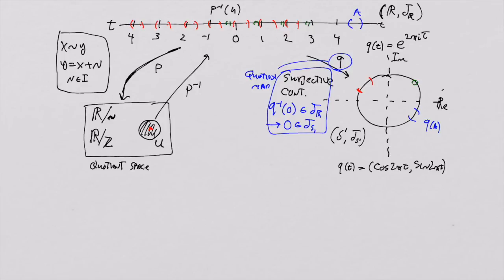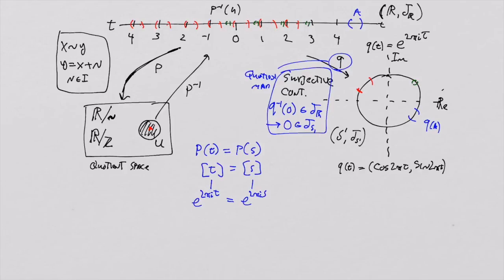The way we say that is that P of T equals P of S only if the equivalence class of T equals the equivalence class of S. And that will be in perfect one-to-one correspondence with e to the 2 pi i t equaling e to the 2 pi i s.